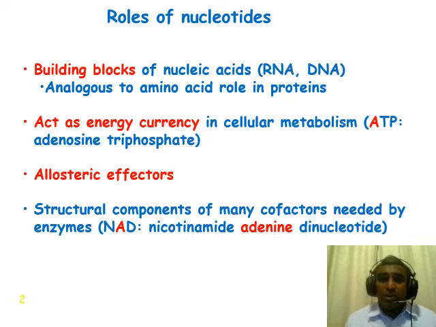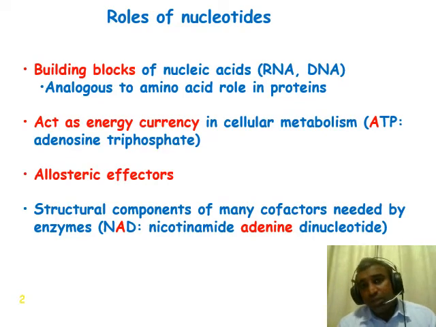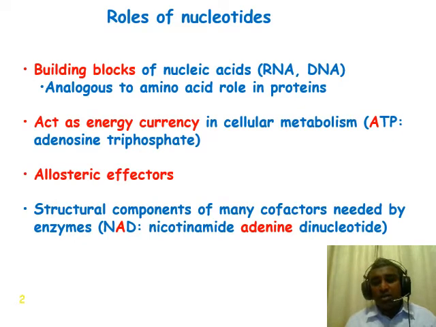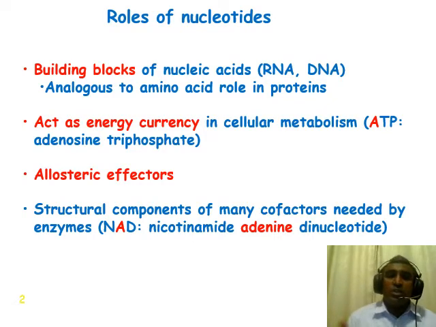So the question arises, does it have any role other than just making into DNA and RNA? So that's the first function, that is building blocks of nucleic acid, that is RNA or DNA. So they are the monomers. It's just like amino acid. You have 20 different amino acids that can be put together to build protein. So the monomer of protein is amino acid.